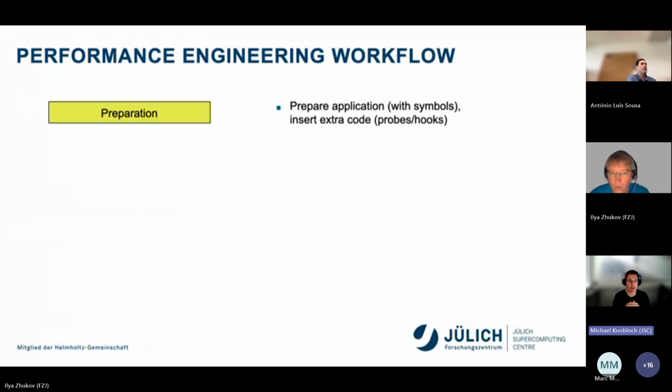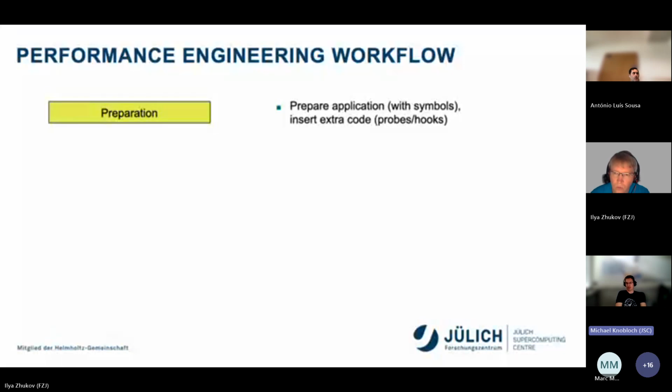Okay, next thing, the performance engineering workflow. So what do you have to do in order to do performance engineering? The first thing you need to do is prepare your application, usually with some symbols or by inserting extra code. The easiest thing is to just compile with -g, adding debugging information, so the compiler already does something for you.